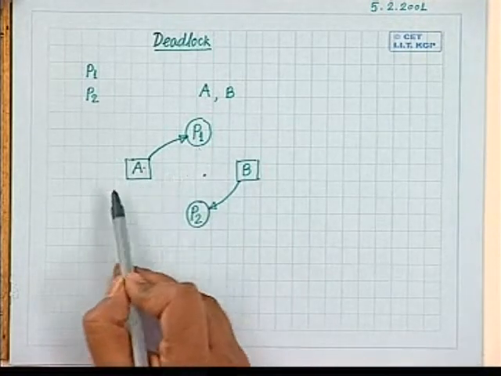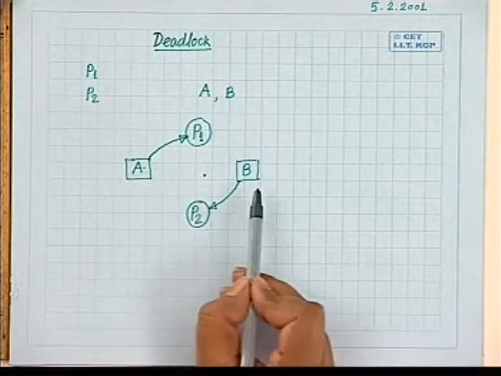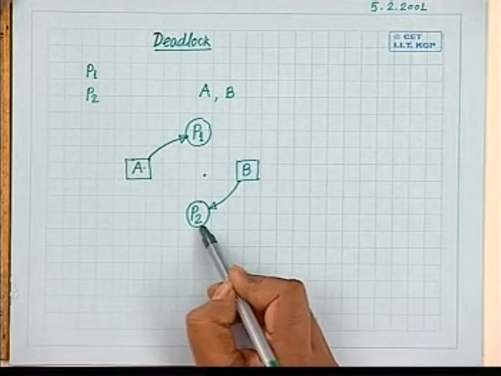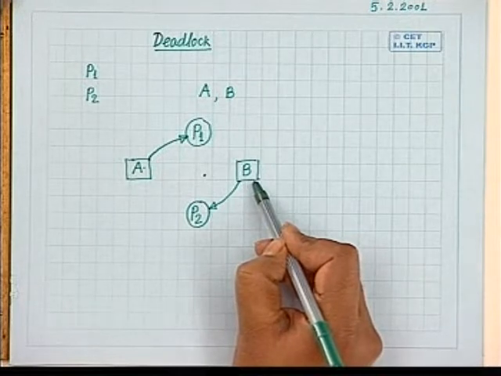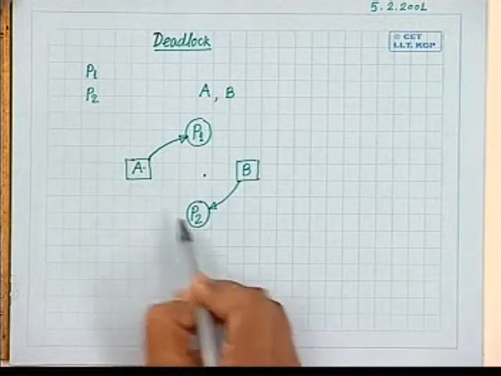And P1, once it has acquired resource A, it will not release resource A until and unless it gets B and its job is complete. Similarly, P2, though it has acquired resource B, it will not release B until and unless it gets A and its job is complete.